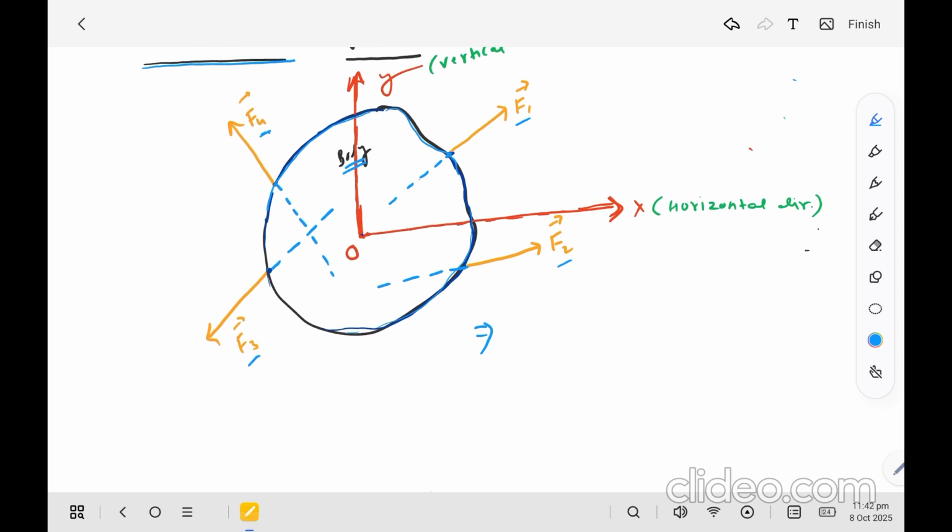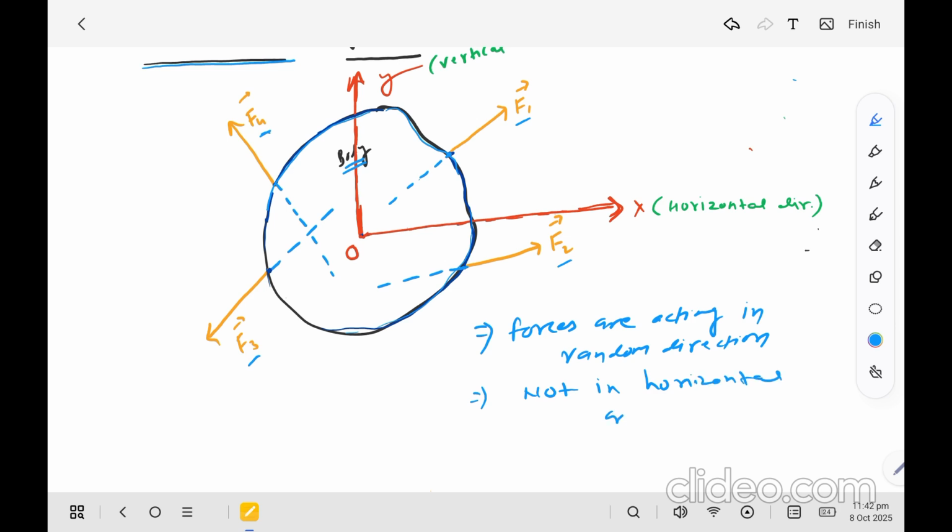So forces are acting in random direction, not in horizontal or vertical direction.